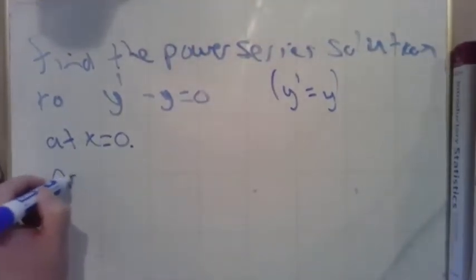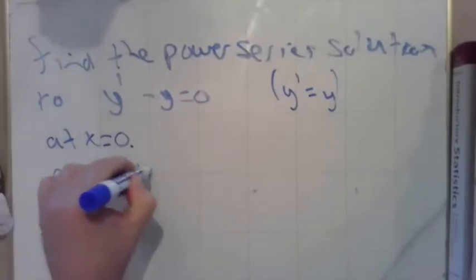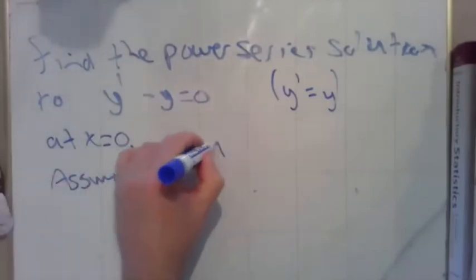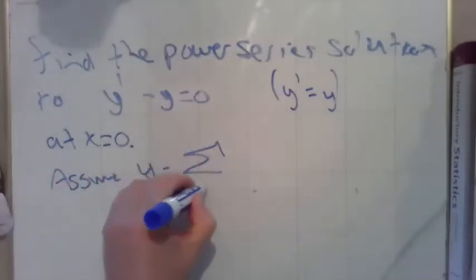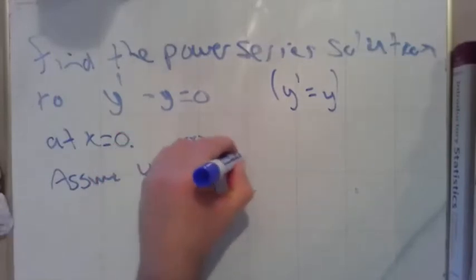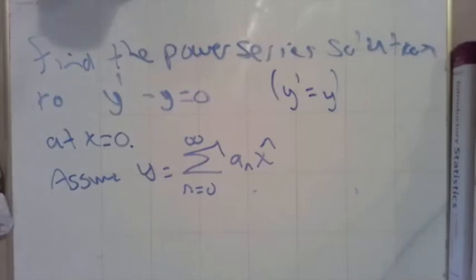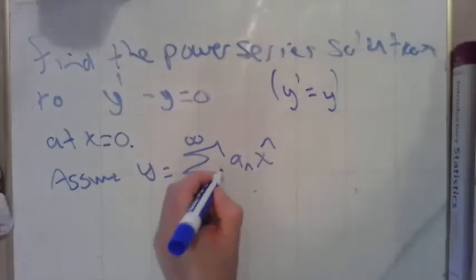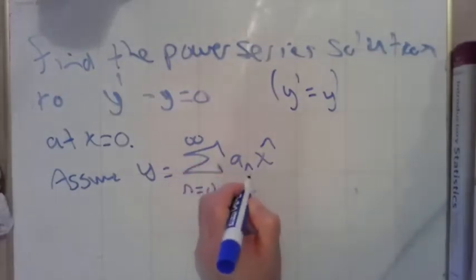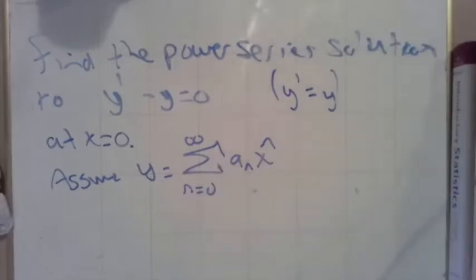So we assume our solution looks like this. Our goal is to find all the a_n, all the coefficients. Once we've found all the coefficients, we're done.